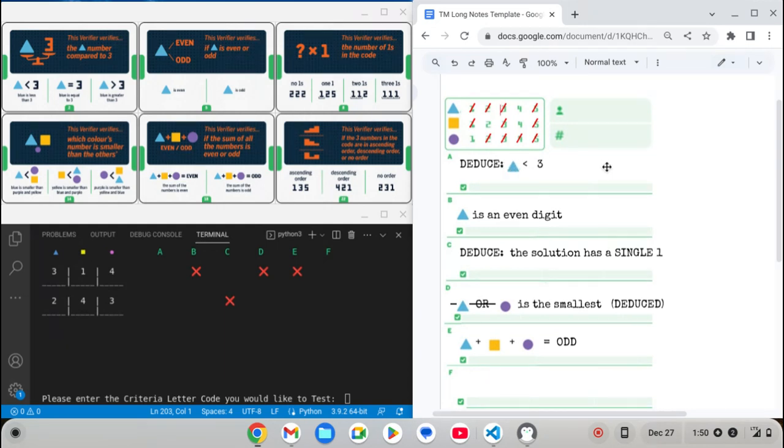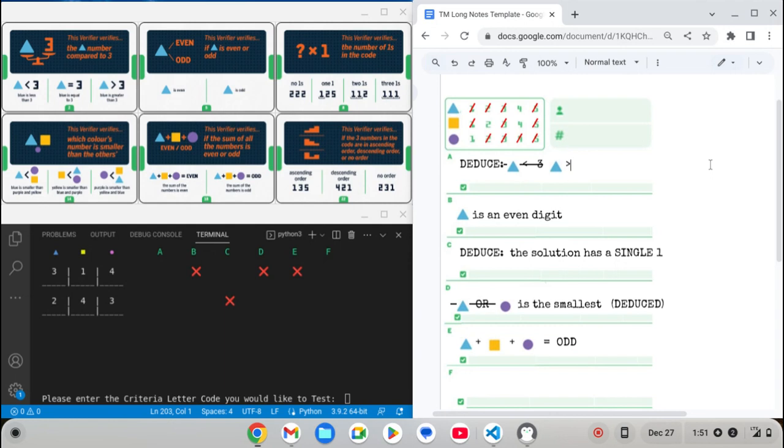So let me go ahead and cross this out and actually replace it with, we're deducing that triangle is greater. Wow, what a reversal.